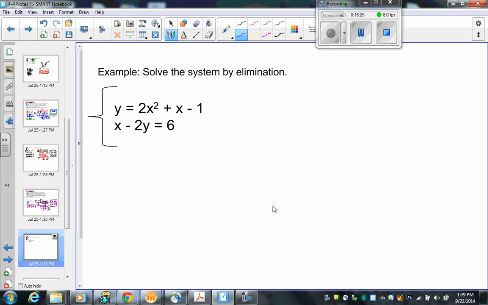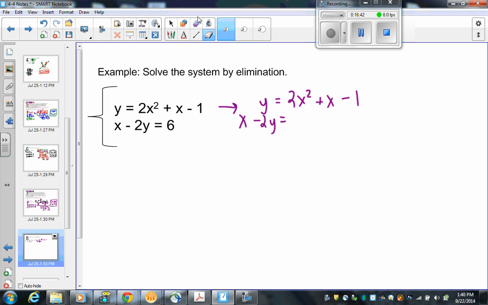Okay, now on this next example, if you notice, if we were to line up our two equations, what happens is when we line up our equations, our y variables, one has -2 as a coefficient, the other has a +1 as a coefficient.